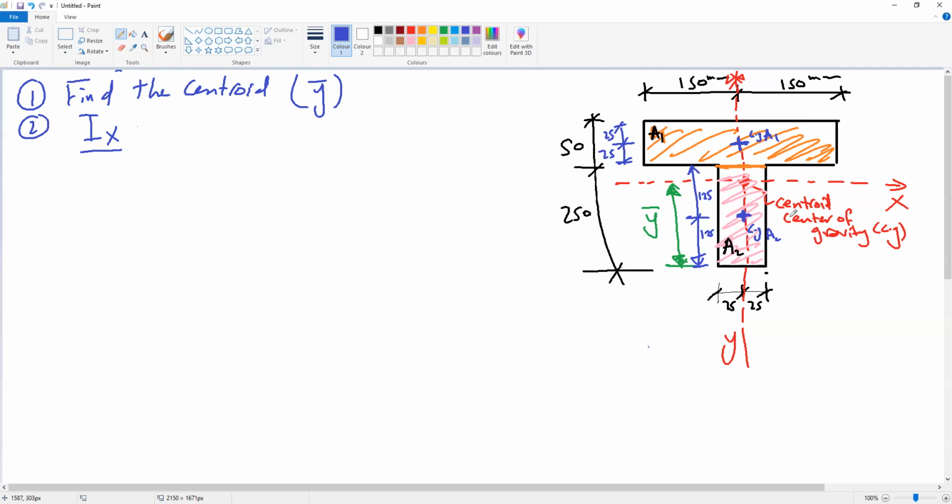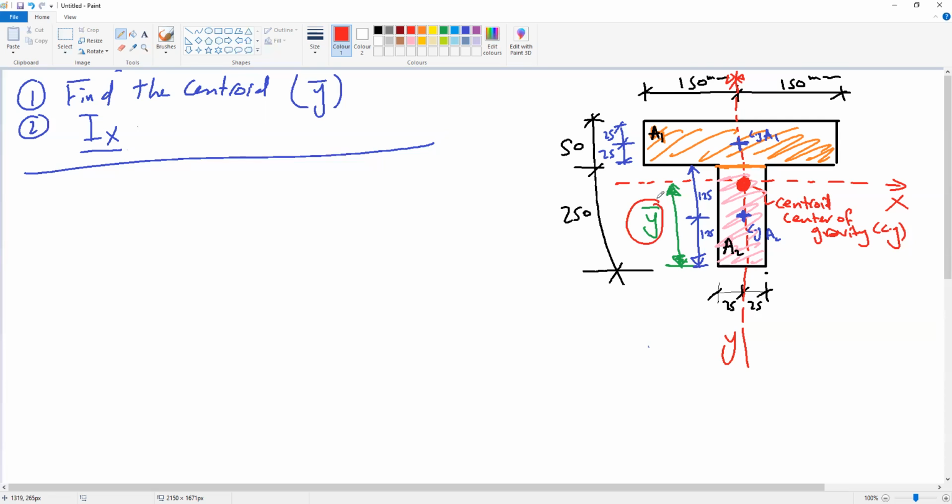So the first thing is to subdivide the cross section into 2 or 3, whatever number of regular shapes. Then locate the centroid of each section. We assume that the CG of the total area, in the red circle here, is somewhere between CG of A1 and CG of A2, and the location is defined by Y bar.